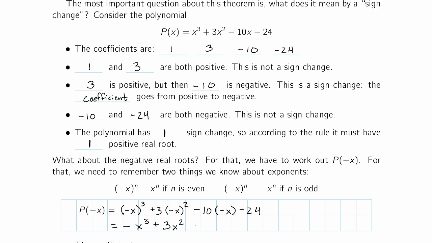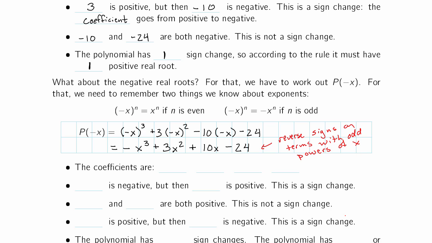Minus 10 times -x is the same as positive 10 times x, and -24, nothing happens. So the thing to note is, when we do this, we reverse the signs on terms with odd powers of x. That's going to give us a convenient shortcut that we're going to use a lot.